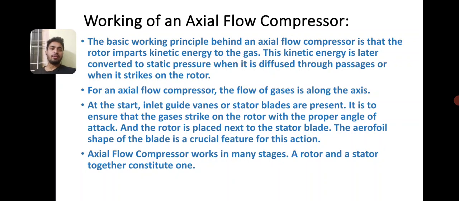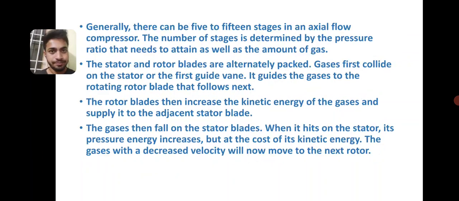Axial flow compressors work in many stages. A rotor and a stator together constitute one stage. Generally, there can be 5 to 15 stages in an axial flow compressor. The number of stages is determined by the pressure ratio that needs to be attained as well as the amount of gas. The stator and rotor blades are alternately packed. Gases first collide with the first guide vane.